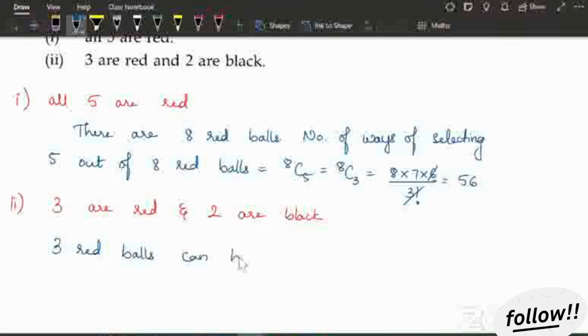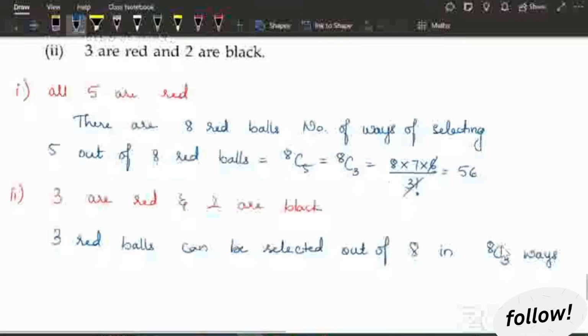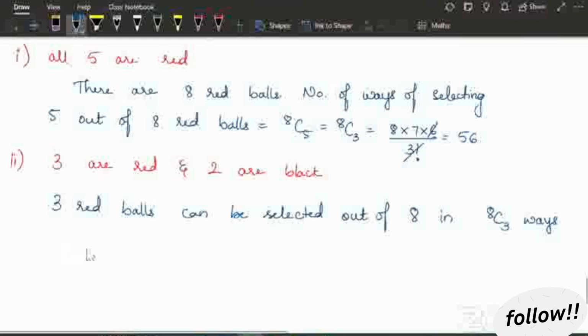Out of how many red balls do we have? 8. Out of 8, in 8C3 ways. There are 8 red balls, and out of that you need to select 3 of them, so in 8C3 ways.